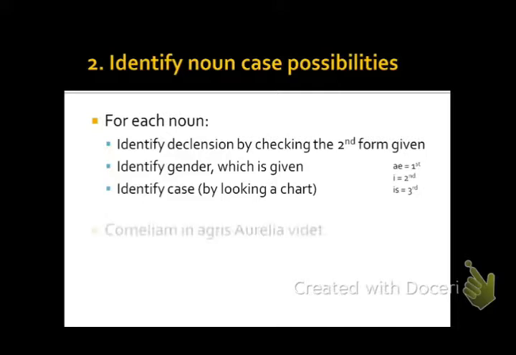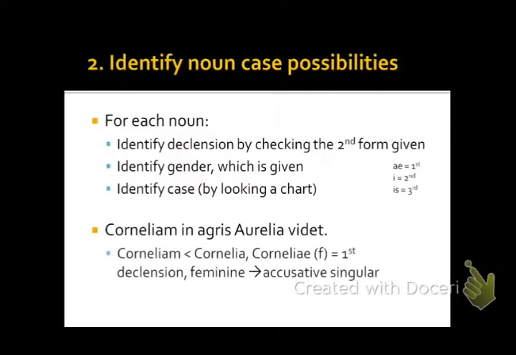So, our example sentence, going back to that, Corneliam in agris Aurelia videt. Let's look at Corneliam. It is from the noun Cornelia. The form is from the noun, which is what this little symbol means. It means that it's from this noun, which when it's given to you is given as Cornelia, Corneliae, feminine.